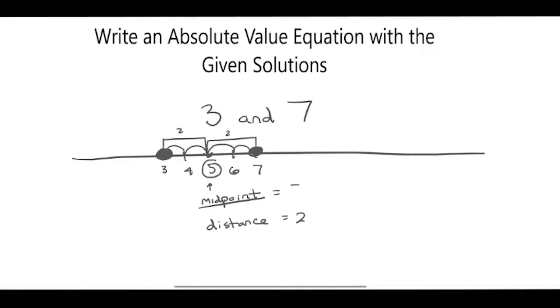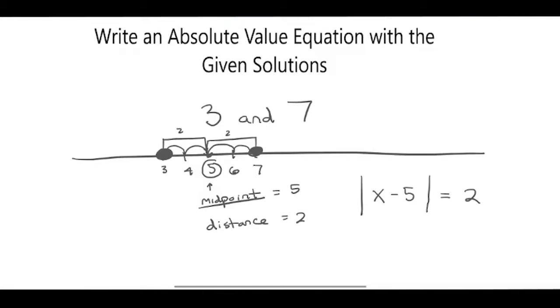The midpoint is 5. So the way we write this absolute value equation is I draw my absolute value bars, and it's x minus the midpoint, which is 5, is equal to the distance, which is 2.